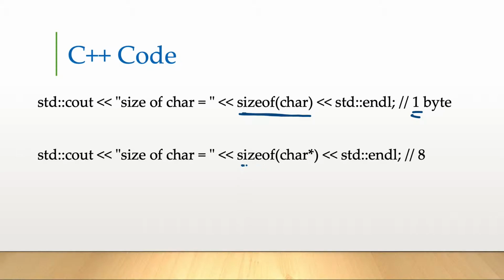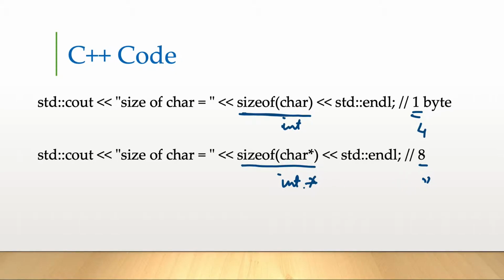Whereas if we print the size of a character pointer, it will print 8 bytes on a 64-bit system. And if we do int star, again it will print the same value. Whereas if we print sizeof int, it will print 4 and sizeof char, it will print 1.